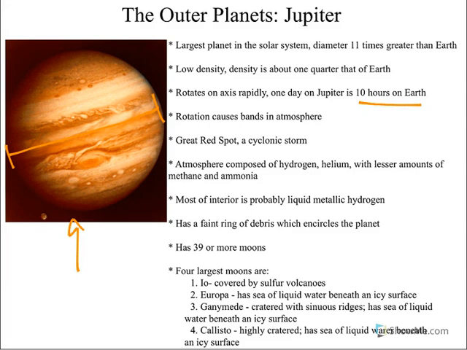Now, in my opinion, what's even more interesting about Jupiter is not Jupiter itself, but its moons. Its 4 largest moons are actually pretty interesting. Its largest moon is Io. Io is neat because it has the largest volcanic eruptions in the solar system. And it's not just boring old liquid rock that comes out of there. It's actually liquid sulfur.